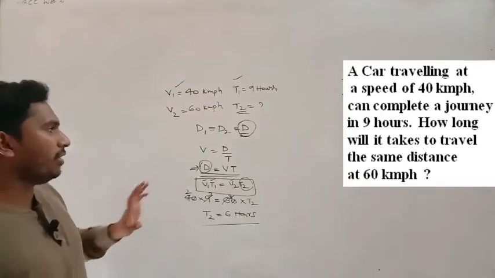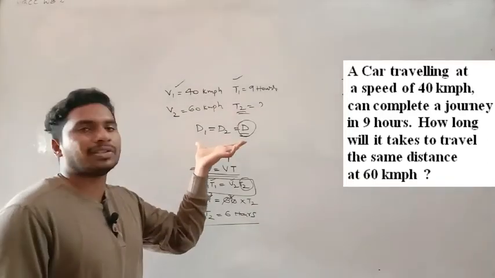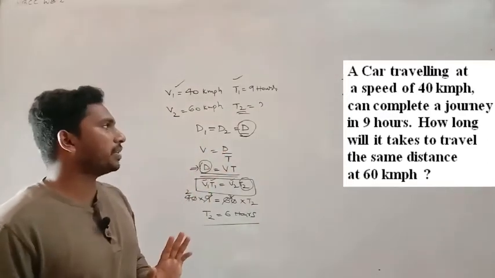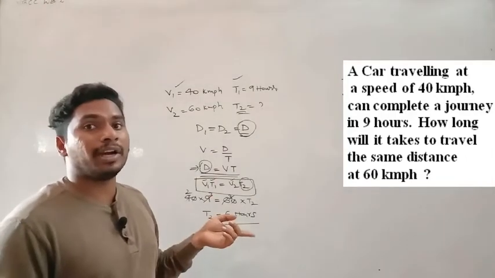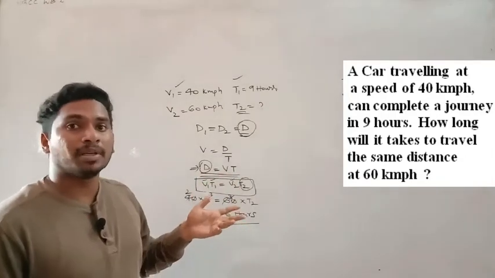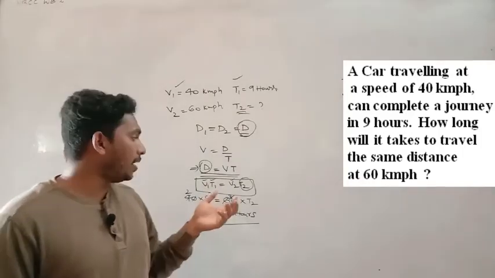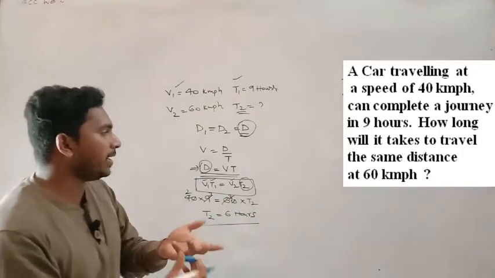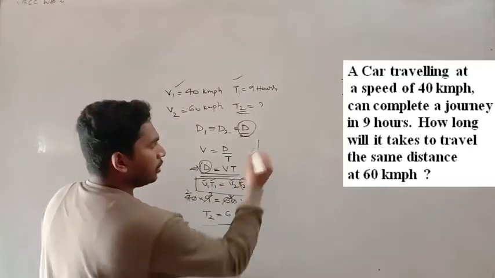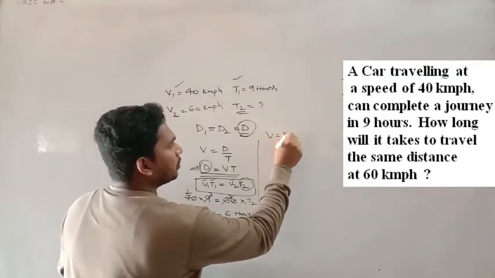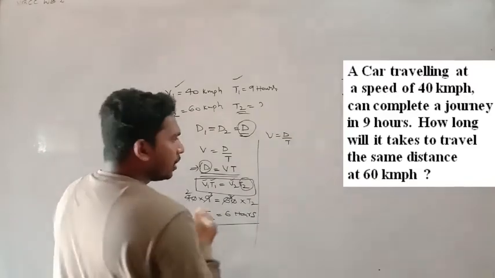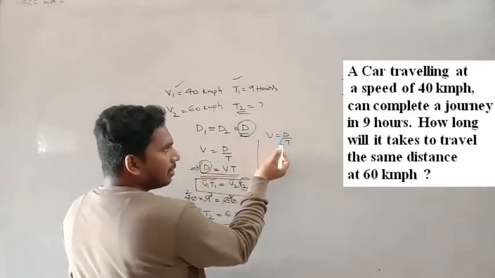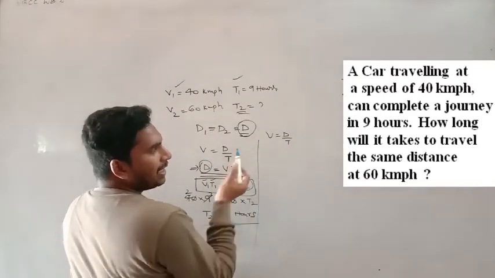If distance is constant, this is the expression. If velocity is constant and time is varying, you have to develop an expression accordingly. Take the same expression, v is equal to d by t. Here, as distance was common, we took d separately.